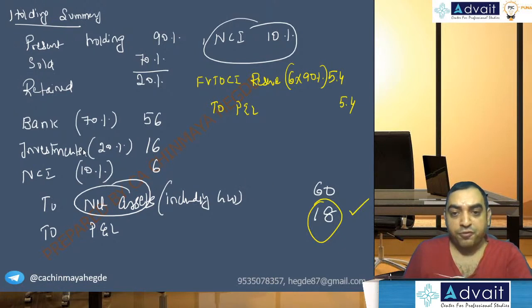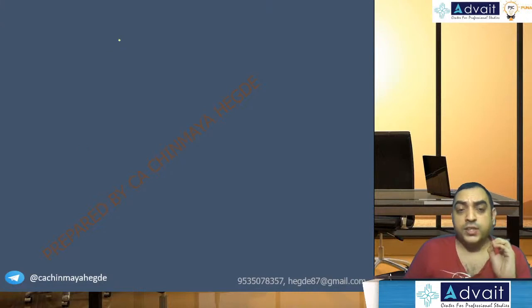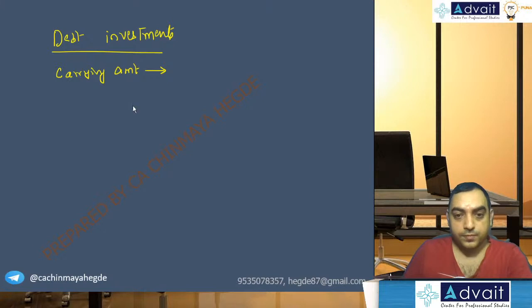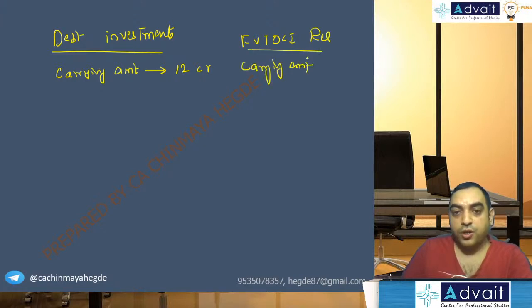Okay, just as a matter of clarity, I'm giving you this. The debt investment has a carrying amount of 12 crores, and the FVT OCI reserve has a carrying amount of 6 crores.